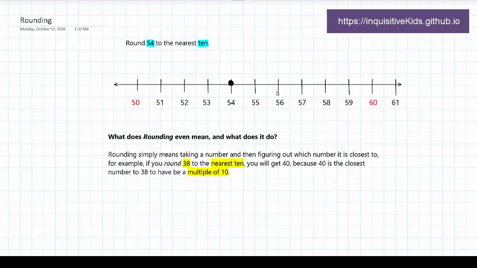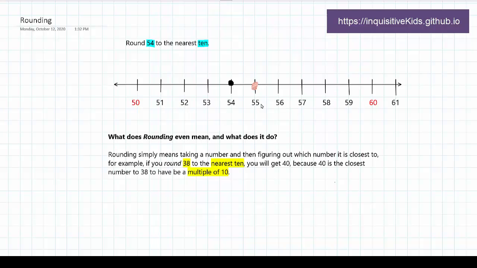Well, on your number line, you want to figure out what number is directly in between 50 and 60. As you can see, 55 is the center. And anything on this side of the middle number rounds down to the first landmark number.